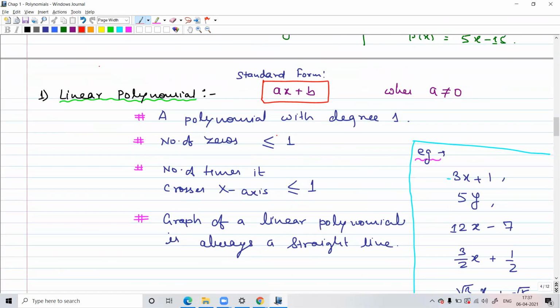Then we had talked about linear polynomials, quadratic polynomials, and cubic polynomials. This is based on the degree. So what I have put in the red box over here, this is the standard form of the linear polynomial. Okay, standard form. Do you people understand what the standard form is? Have you seen this before?